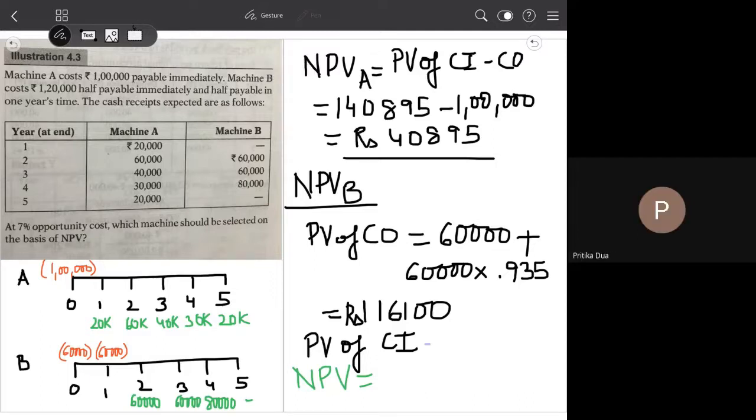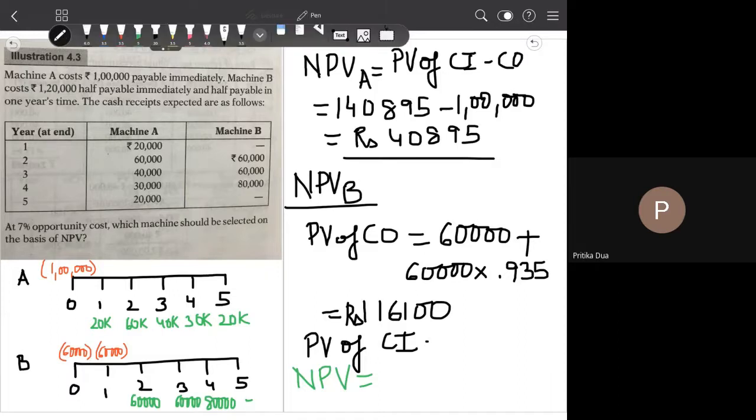So this is coming to around 1,62,380, which means your NPV comes to about this value. Values might be approximate.